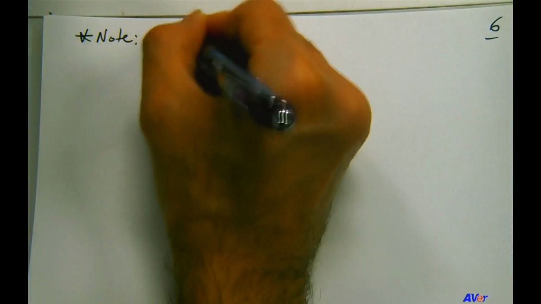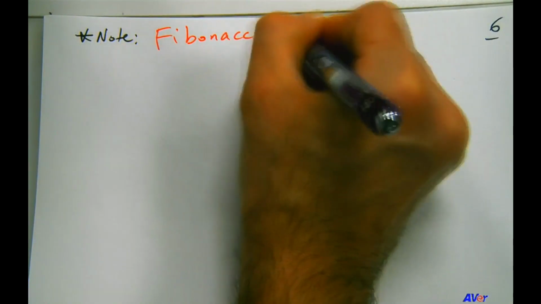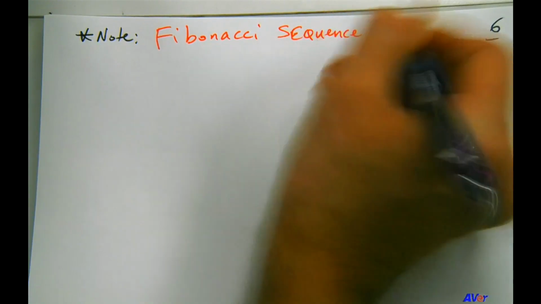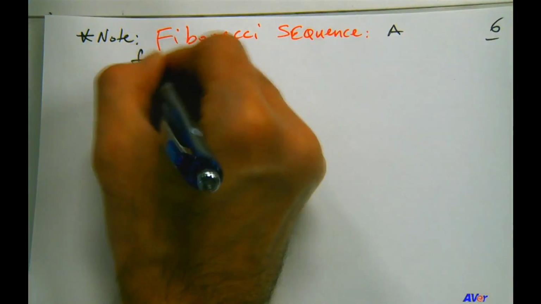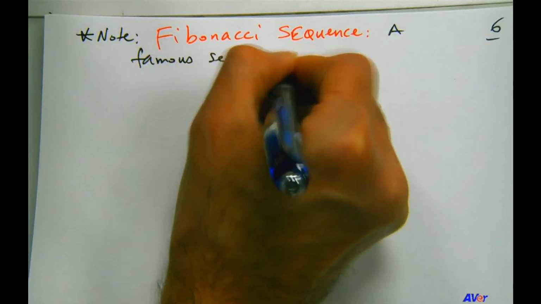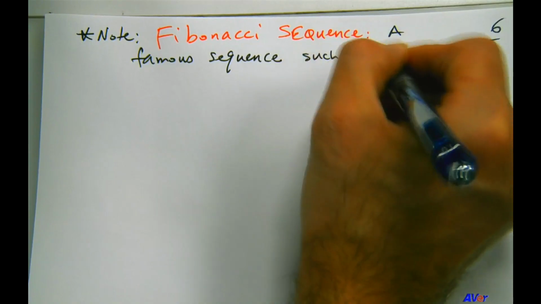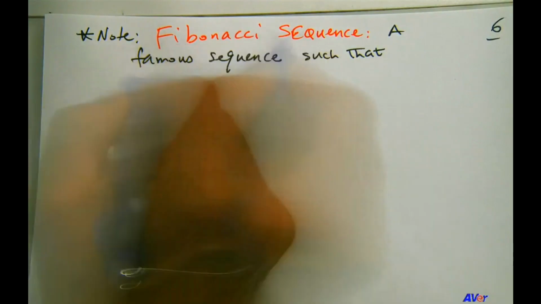So this is the Fibonacci sequence. This is a famous sequence such that here are the numbers in the Fibonacci sequence.